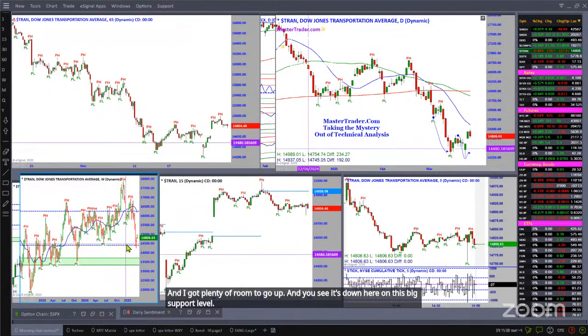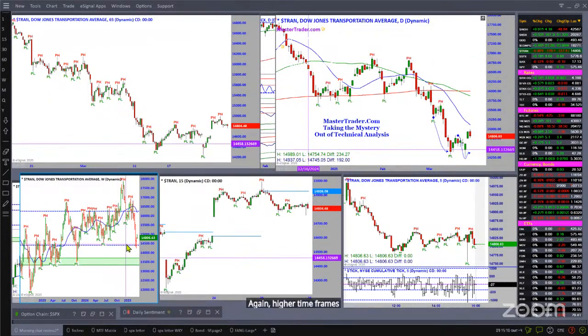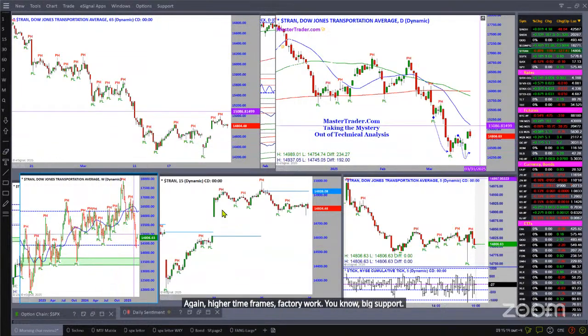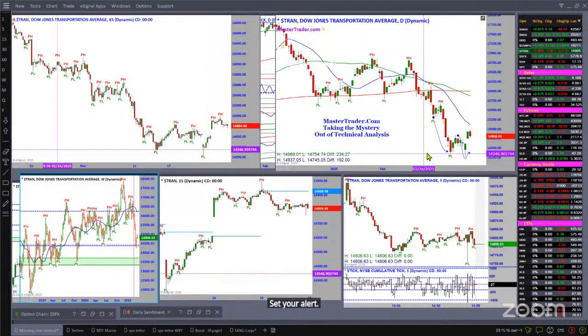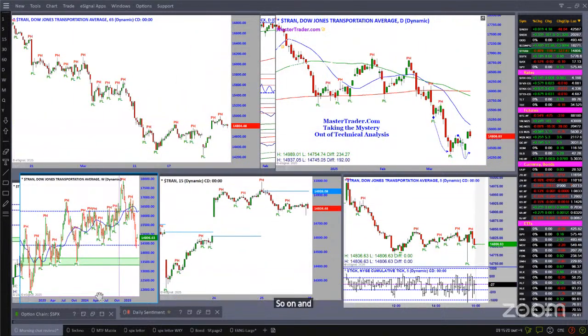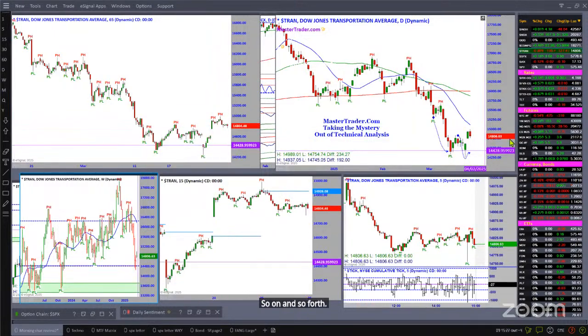So again, higher time frames, factory work, big support. Set your alert. Gets down there, look at smaller time frames, so on and so forth. And that's why we call it factory work. It doesn't take anything special to look to the left and set alerts. All right.